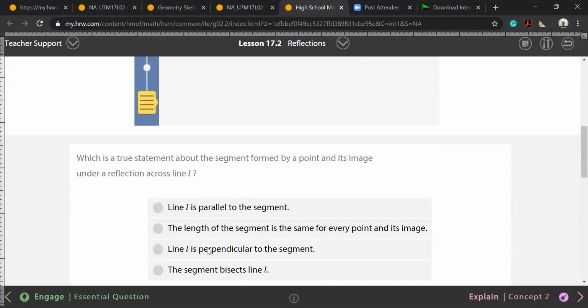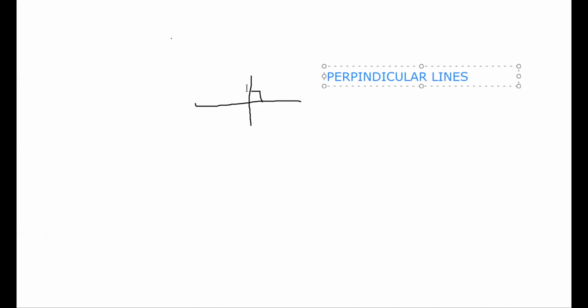Do you know what perpendicular is or not? I don't know if you know this word, but this is a very, very important word. The word perpendicular means 90 degrees. When I have 2 lines that form a 90 degree like this, which means that this is 90, they are called perpendicular lines.